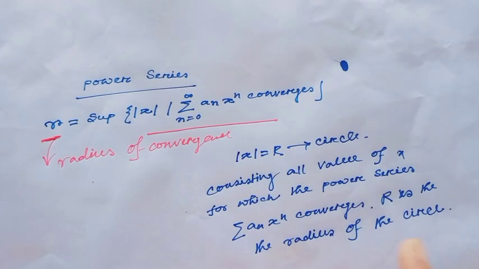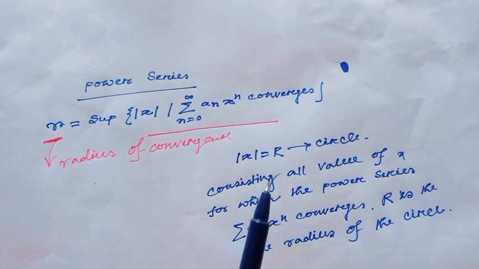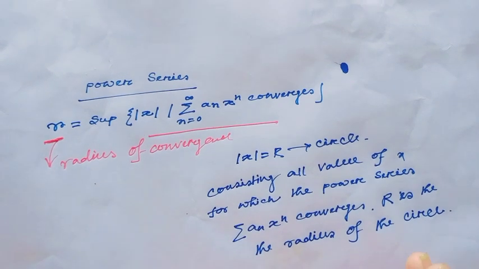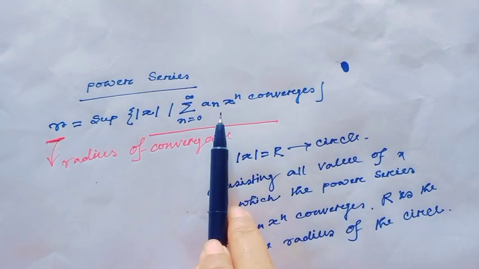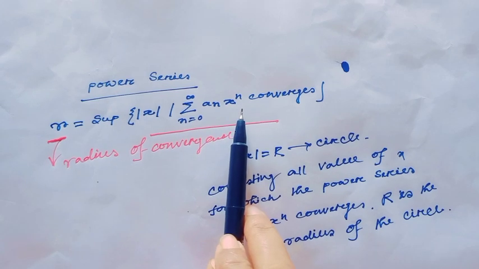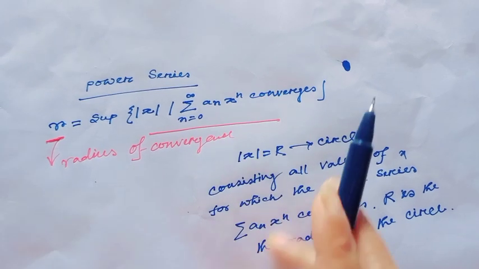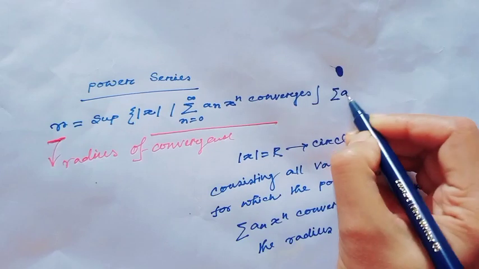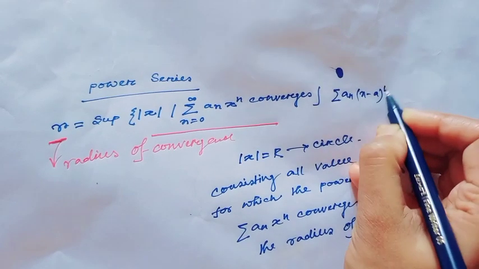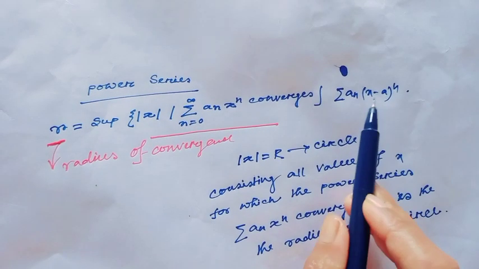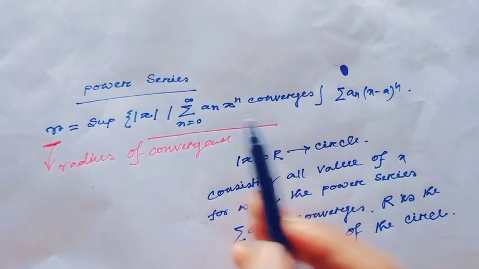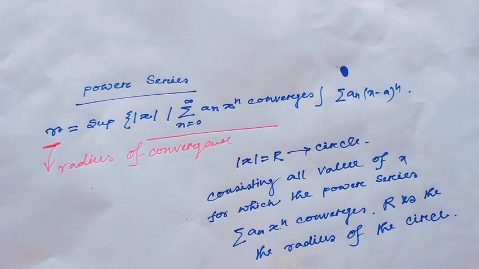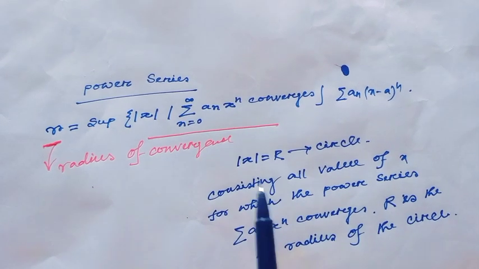Actually, this idea of radius of convergence looks like a circle in one dimension. Consider this circle, because here I have considered the center to be 0. If we consider the series a_n (x minus a) to the power n, then the center of this series is a, but here I have considered the center of the series to be 0.